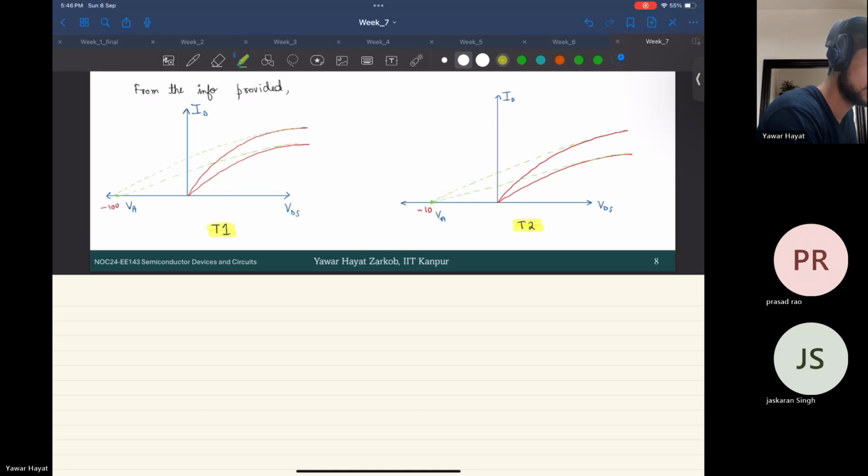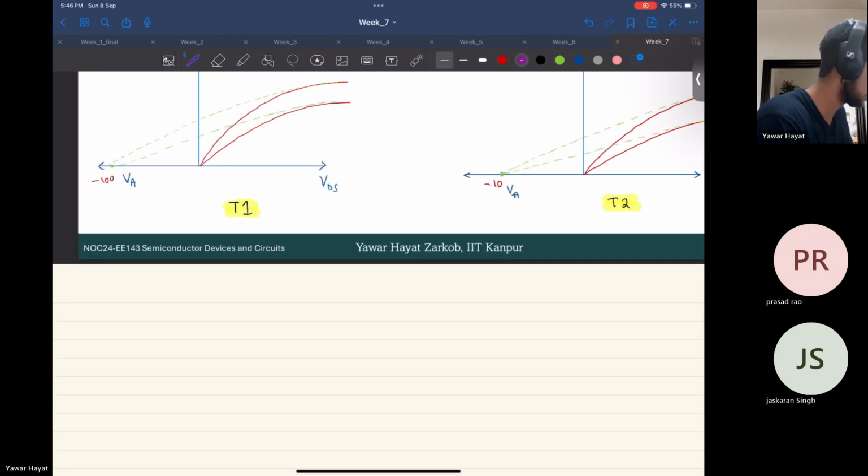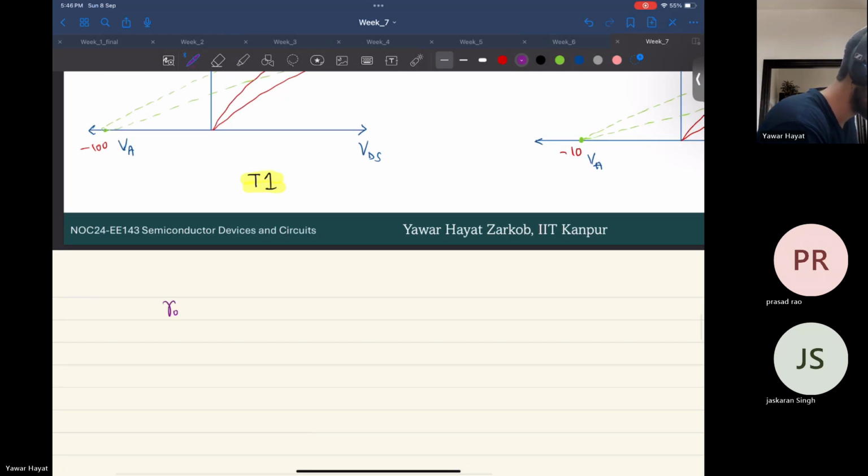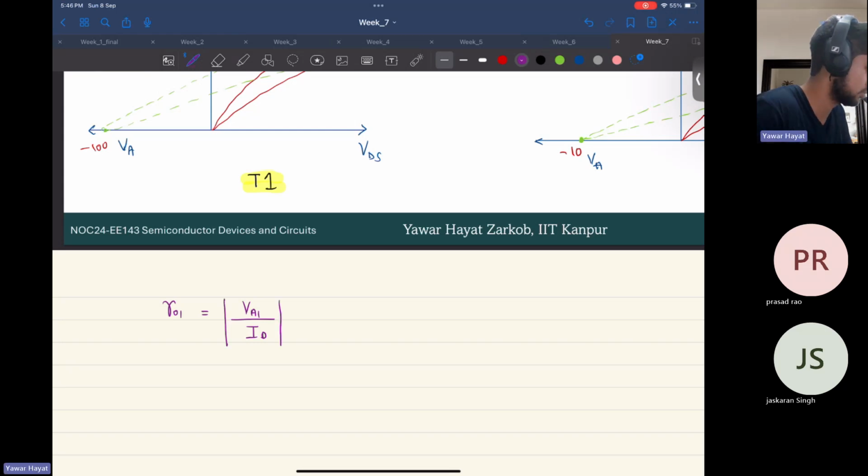Now, your gamma 01 would be equal to your VA1 all divided by ID, right? I mean the modulus of this. And similarly, your current gain for the second one would be your VA2 all divided by your ID, right?